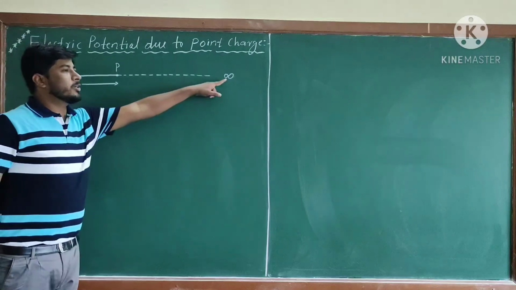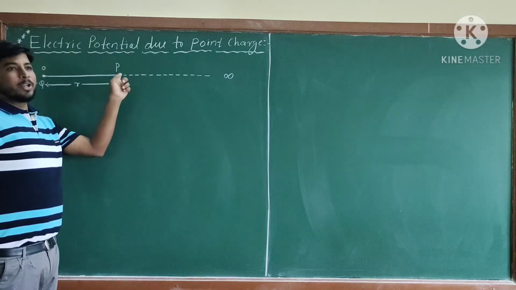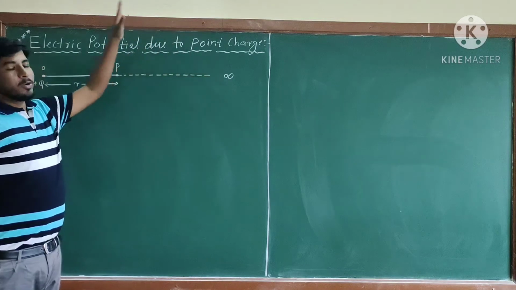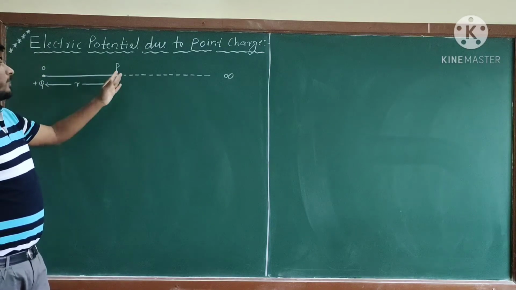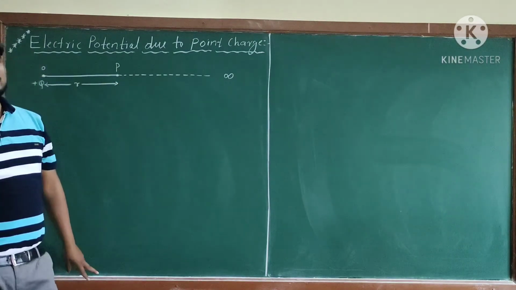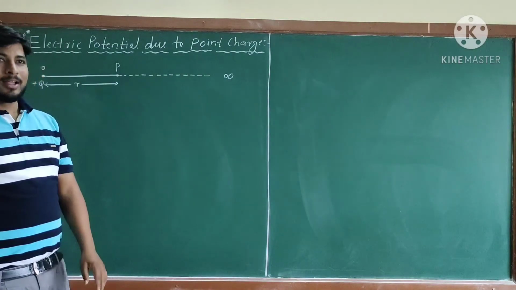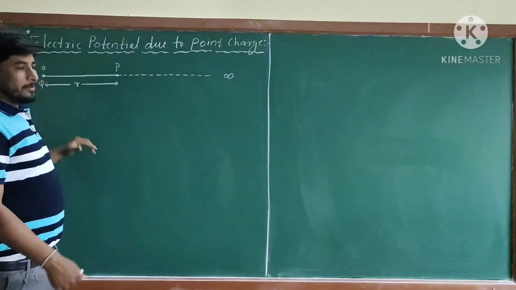The work done to move a charge from infinity to this point. So to calculate the potential at P, we will consider two intermediate points along the line joining OP.